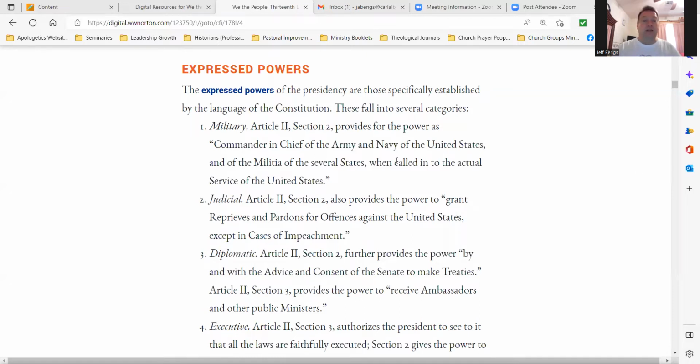So there is the military category. In other words, he is the commander over all the branches and over the generals in each branch, the major generals, as well as the majors themselves, those that are high up in the military. He is their commander-in-chief.